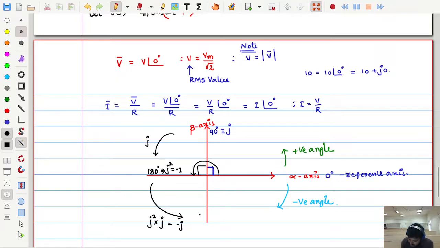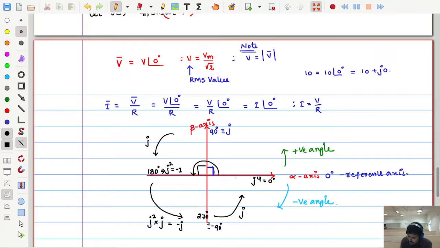So altogether this angle is 270, or if you come back in this way, this can equivalently be said as minus 90 degrees. I will show how it is minus 90. If I travel further, one more J, J cube into J, that is J power 4, is equal to 0 degree.